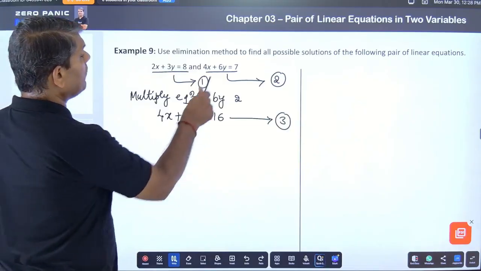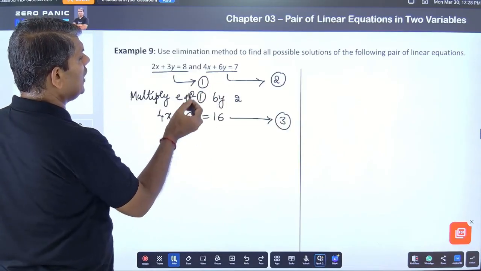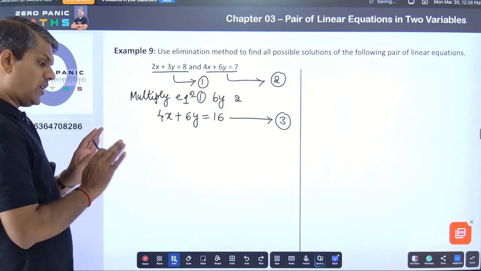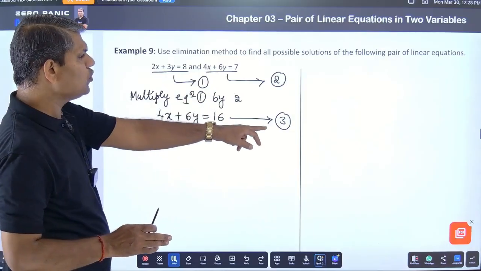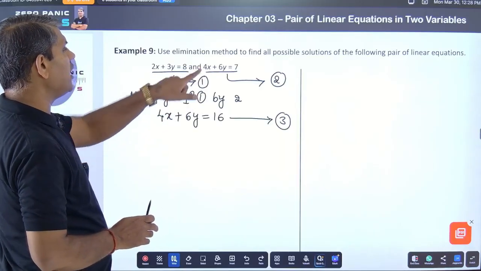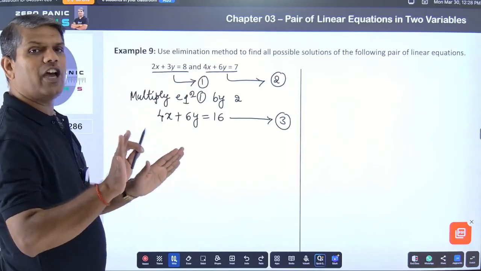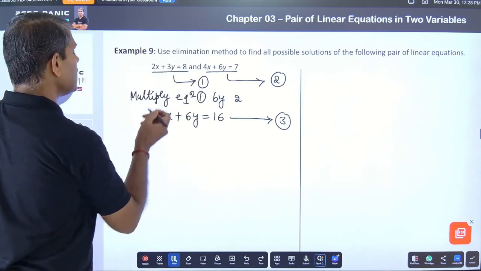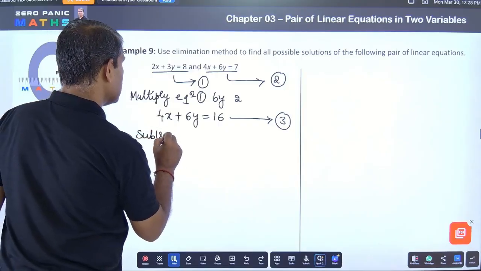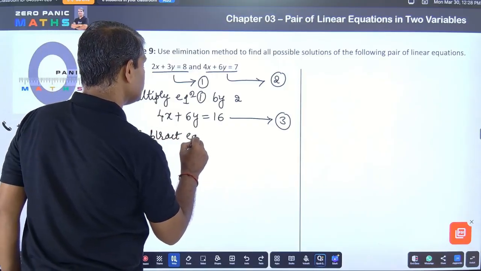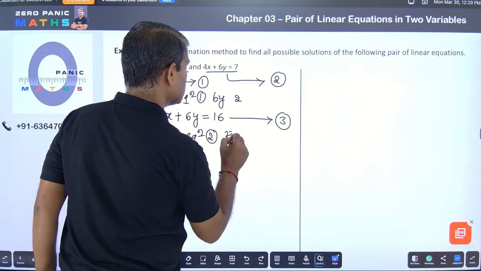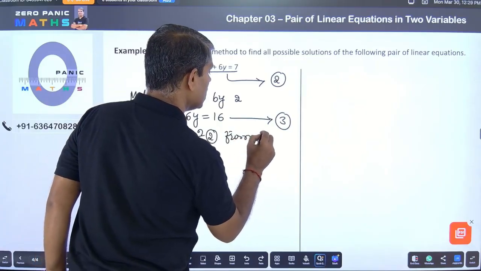Now if you compare equation 2 and equation 3, you can see that 4x and 6y are the same. So if you subtract equation 2 from equation 3, it will cancel all the values on the left hand side and remain some value on the right hand side. Let us do that and see what exactly happens. Subtract equation 2 from 3.